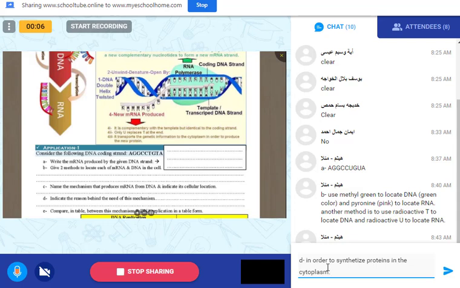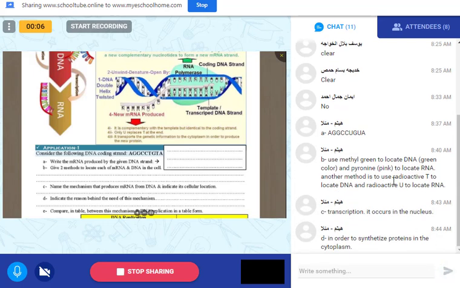I do this process in order to synthesize the proteins in the cytoplasm. Without transcription, I cannot build any proteins in the cytoplasm. I don't have its map. So I need it in order to have a map so I can work on it in the cytoplasm.